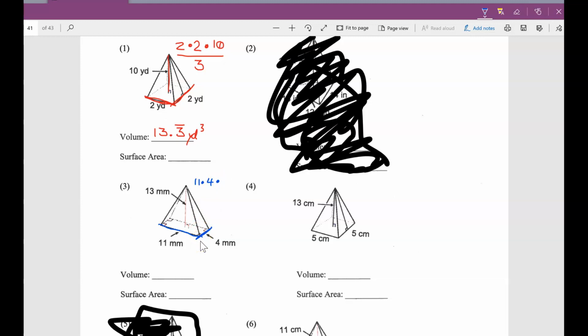From the base to the peak, straight up and down. That's going to be this guy. And that measures 13. So take your 3 basic measurements, left to right, front to back, floor to ceiling, multiply them together, and then, because this is a pyramid, divide by 3.